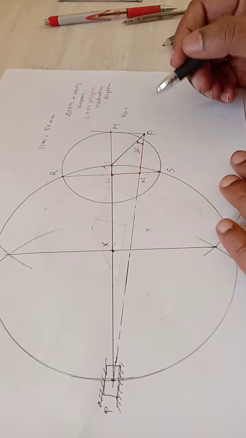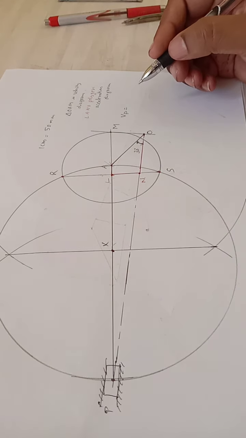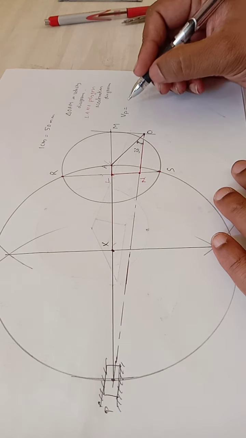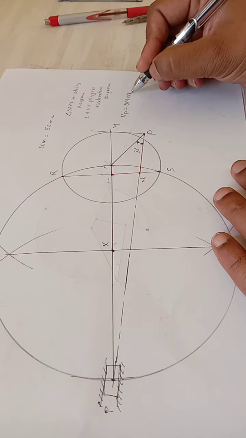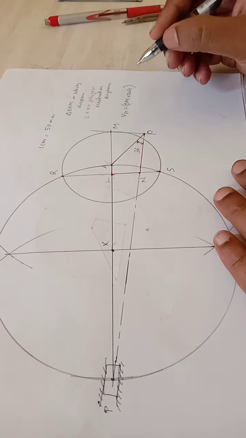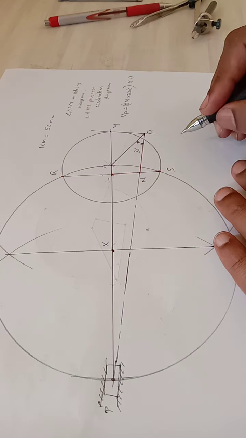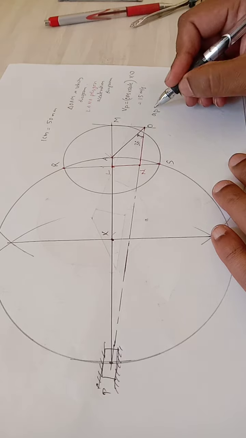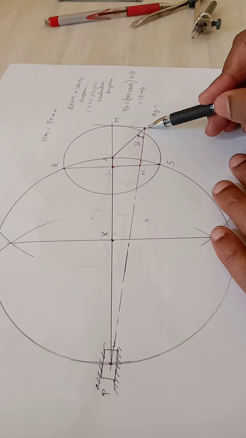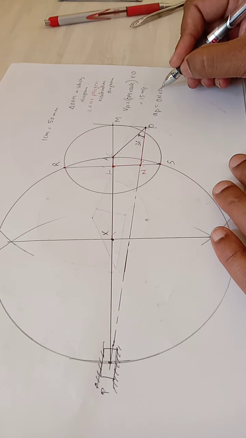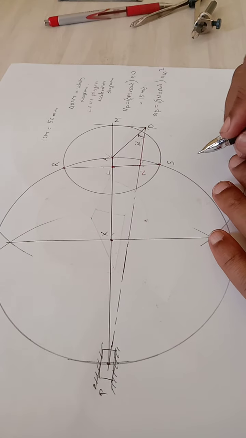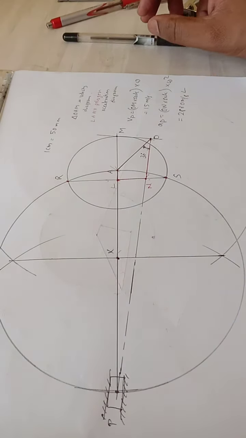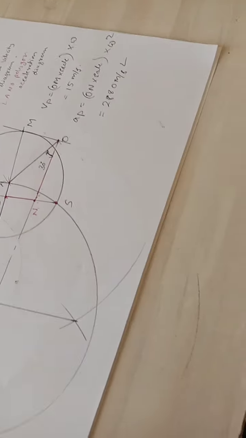You apply the formula: measure OM, convert it with the scale, multiply by omega, and it comes to around 15 meters per second, the velocity of P. For the acceleration of P, you measure ON, multiply by the scale and omega squared, and you will get around 2880 meters per second squared.